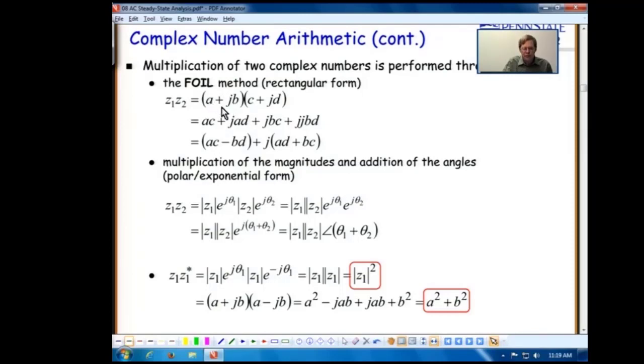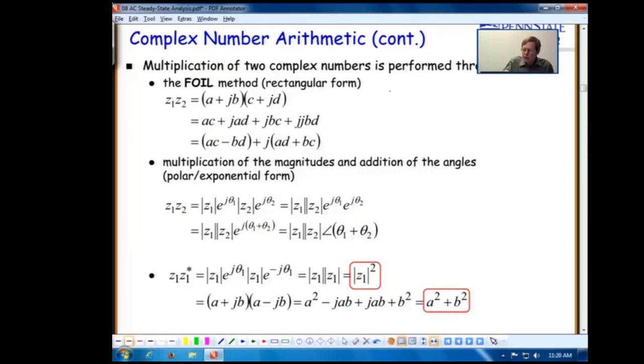So you multiply the first two terms, a times c. Then the outer pair is a times jd, and then the inner pair is j times bc, and the last pair is j times bd.